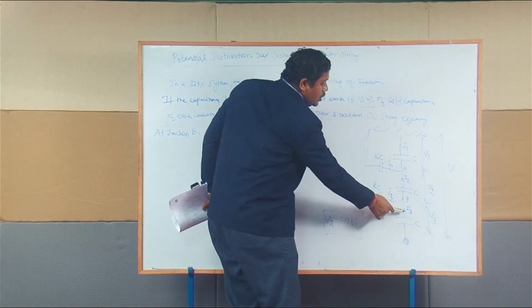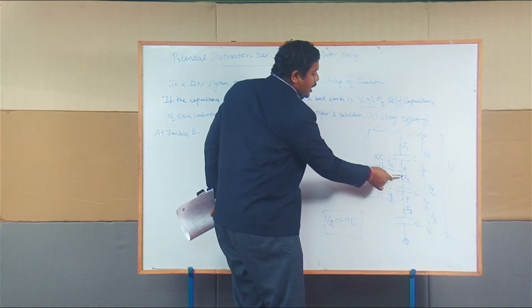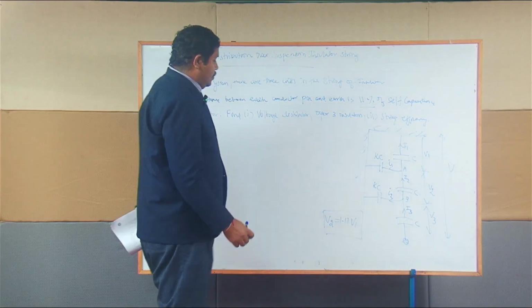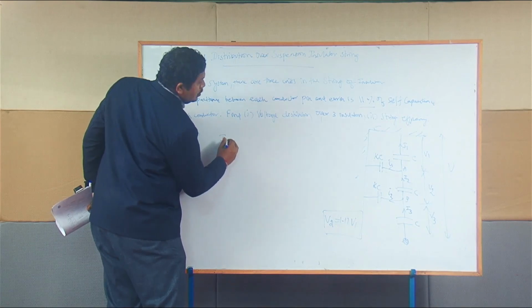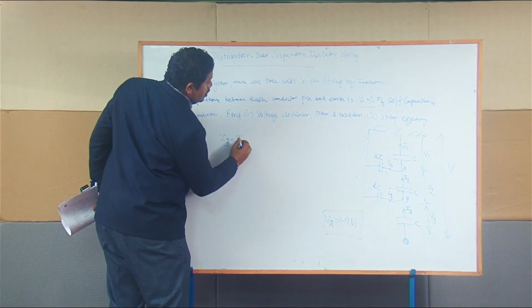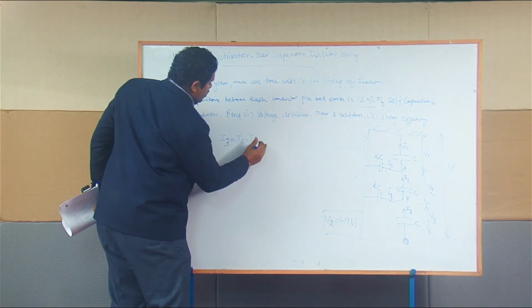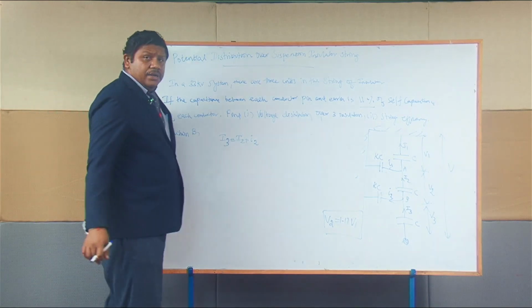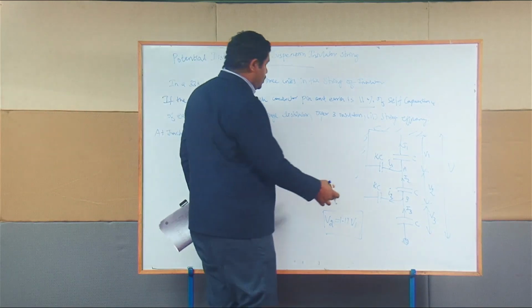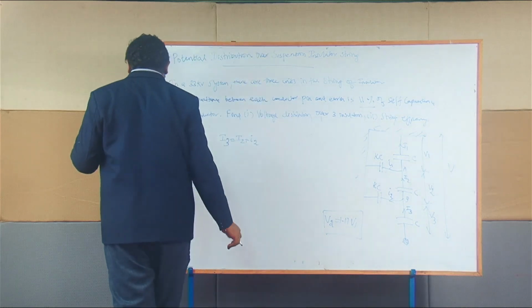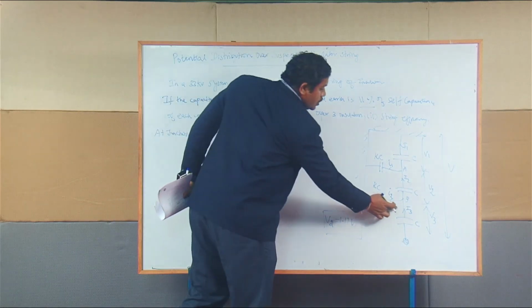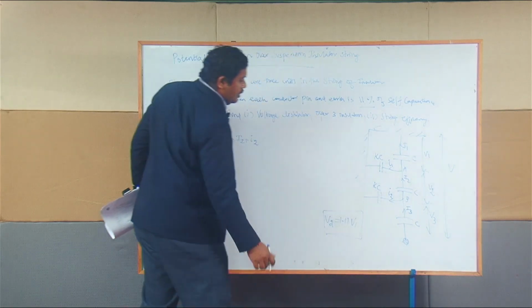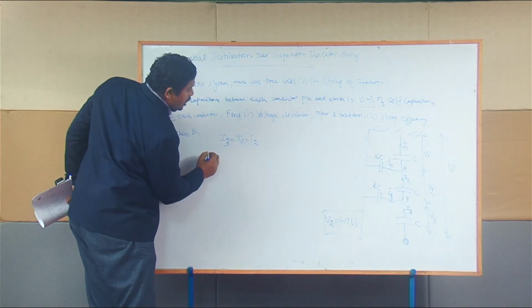So capital I3 is equal to capital I2 plus small I2. Right? So now again you have to write current in terms of voltage. I3 is the current flowing through this branch, and the corresponding voltage is V3.